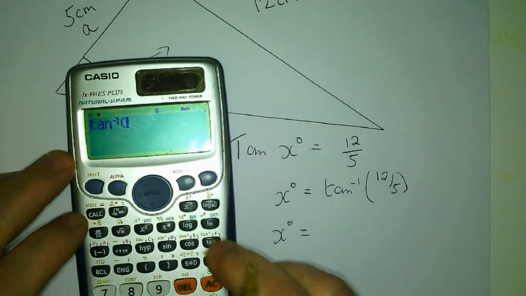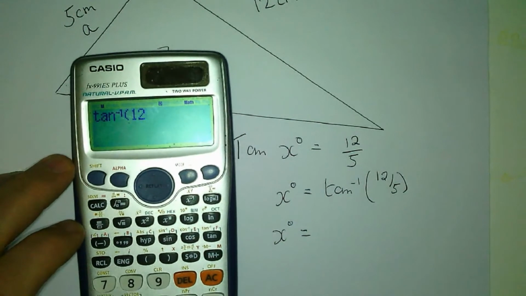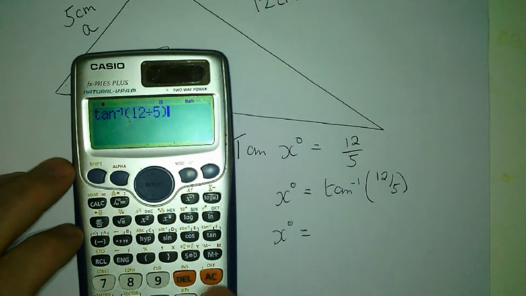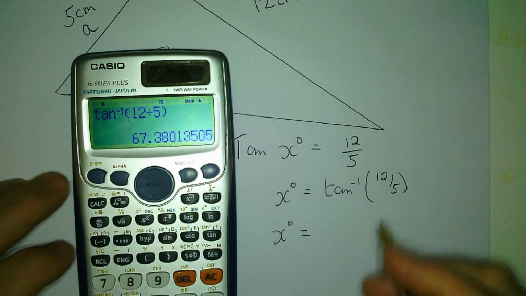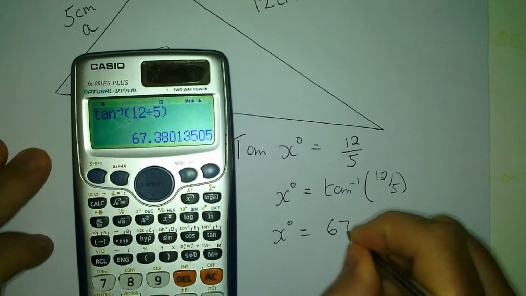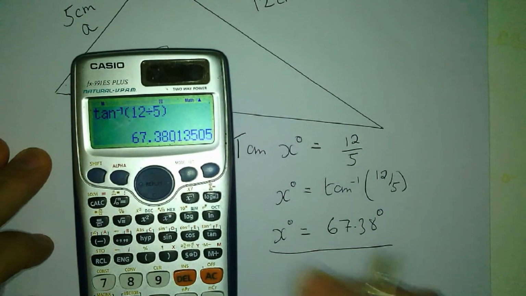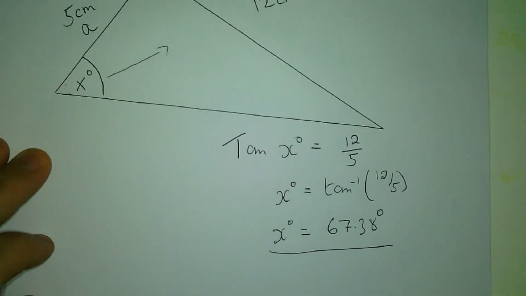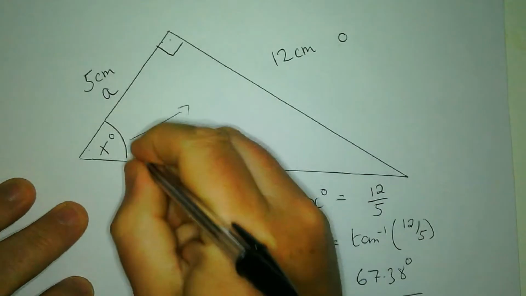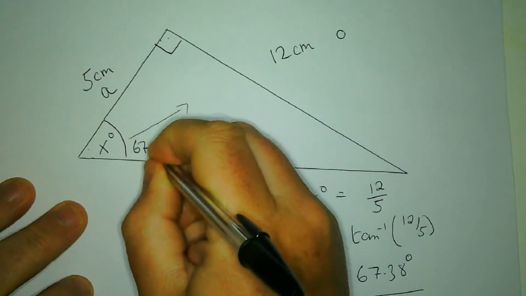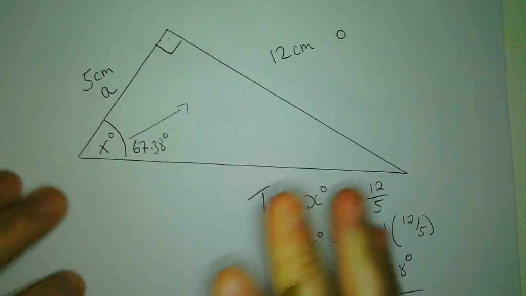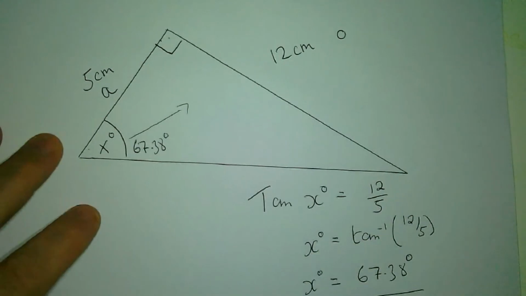Calculator, shift tan, 12 divided by 5, close a bracket, and you get 67.38 degrees.